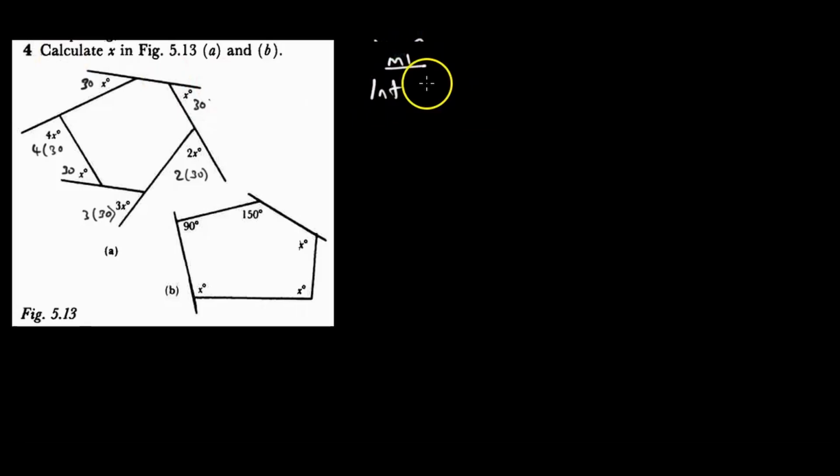Then method 2 is the exterior angle method. But we cannot use the exterior angle method because of one thing. That is not a regular shape. How do we know it's not regular? Because here we have 150, here 90. So our exterior angles are going to be different. We cannot use the exterior angle method.